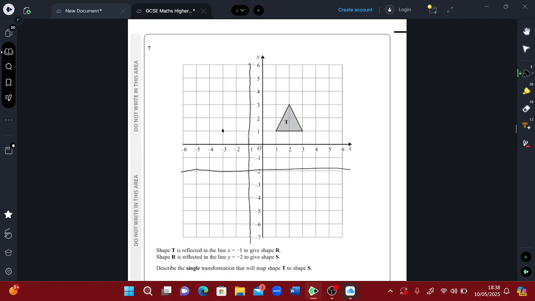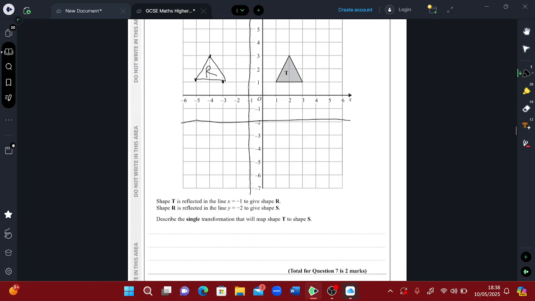Here, 1, 2, 3, 1, 2, 3. And then that's just going to be 2 across, so it's going to be there. If you draw this triangle, very badly though, there you go. That should be R.